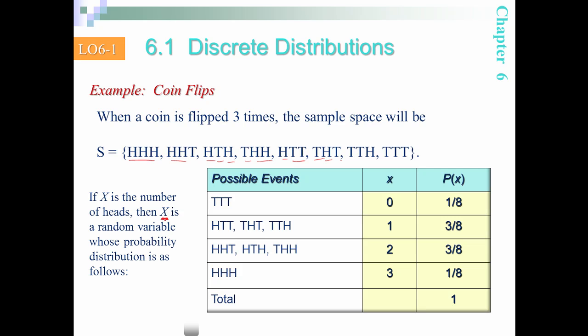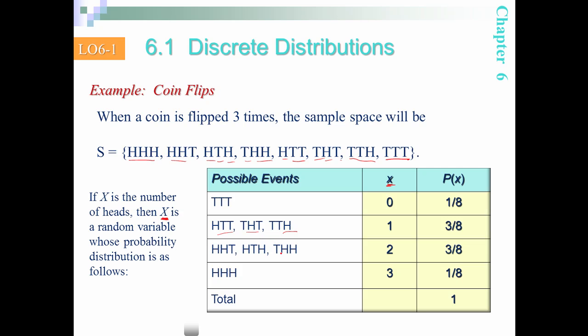Capital X here is the number of heads, and little x is the actual values that are observed. So how many heads are there here? 0. How many heads are there here? 1. Okay, so that shows up here, and then here, and then here.